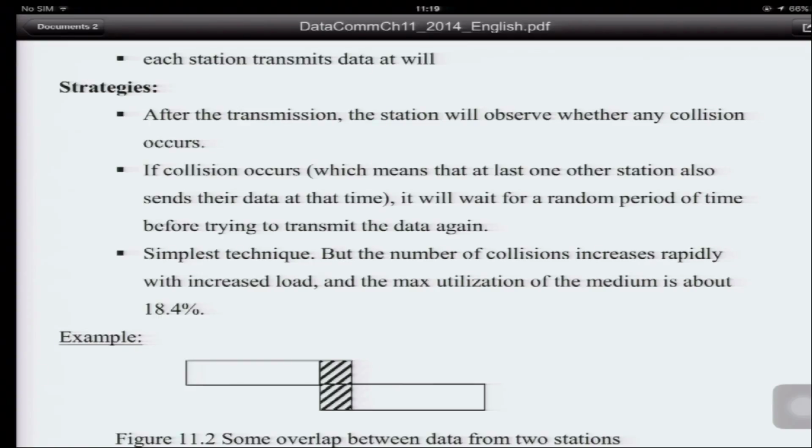Collision occurs when other stations send at the same time. This is the simplest technique, but the number of collisions increases rapidly if you have an increased load, which means that if more people want to transmit and more data is transmitting, then the collisions go up quickly. The maximum utilization of the medium is just about 18.4%.